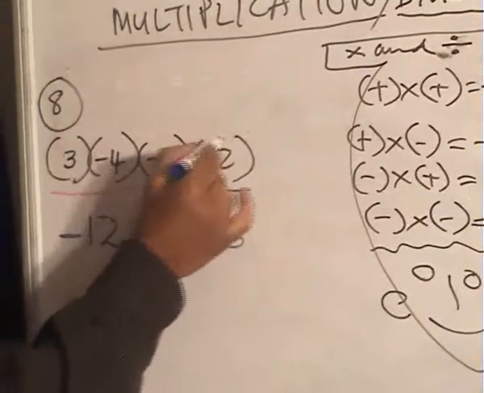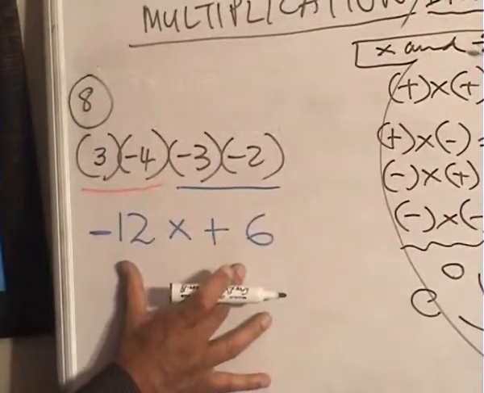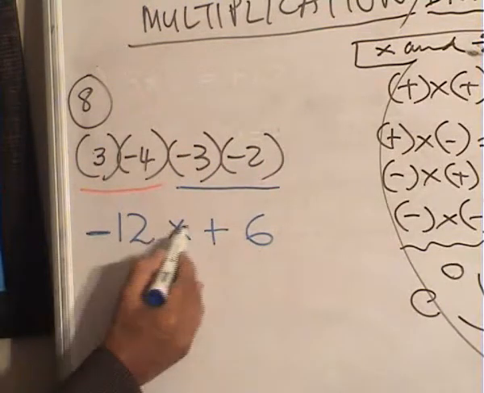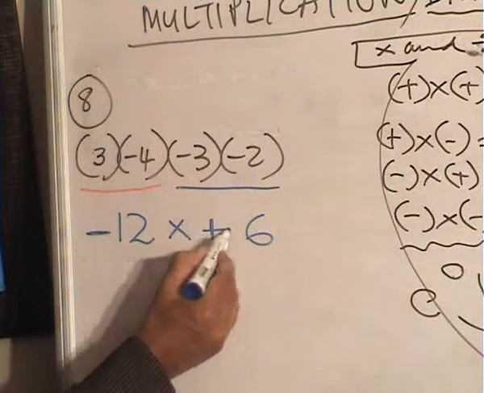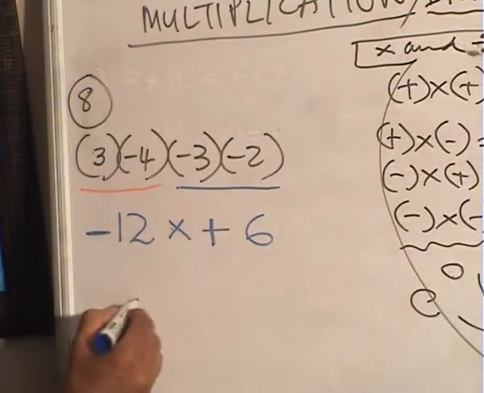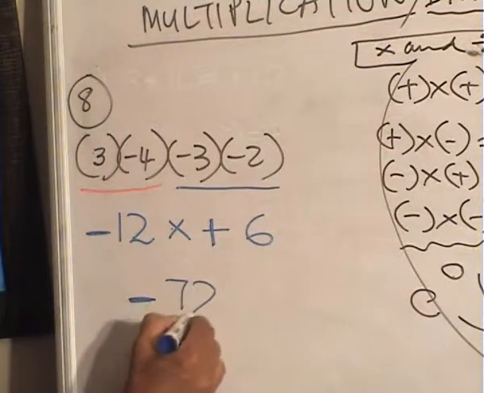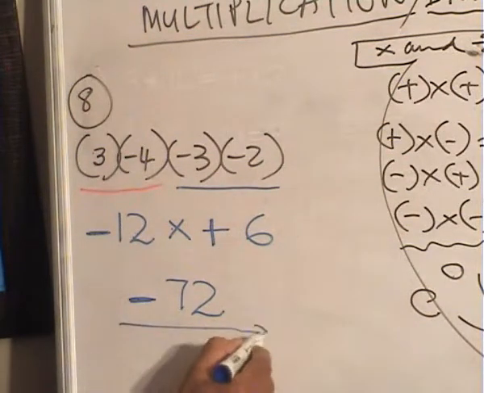So from 4 numbers it comes down to 2 numbers now. Now it's very clear, I'm multiplying a minus by a plus. A minus times a plus is a minus, 12 times 6 is 72. So there's your final answer.